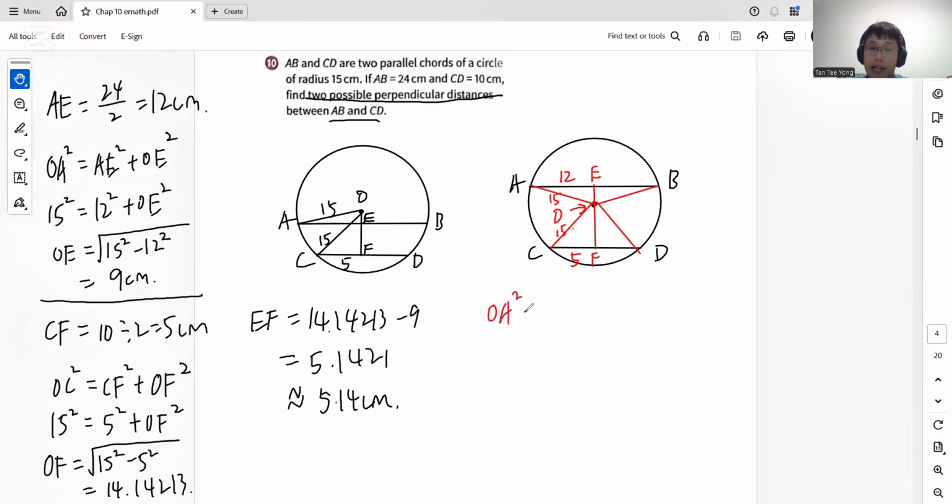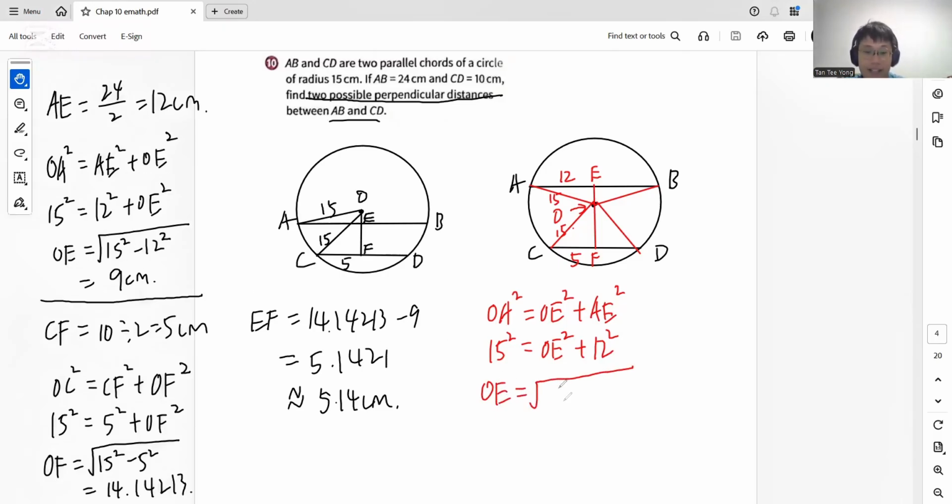So OA square equals OE square plus AE square. So OA square is 15 square equals OE square plus AE square, 12 square. So OE is actually equal to, if you realize the working is the same thing, so this is 9 cm.